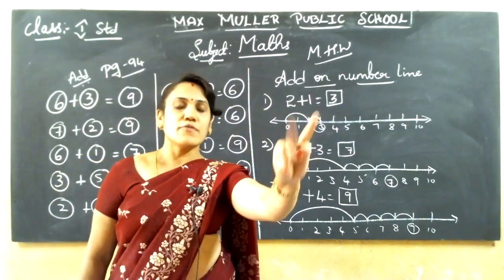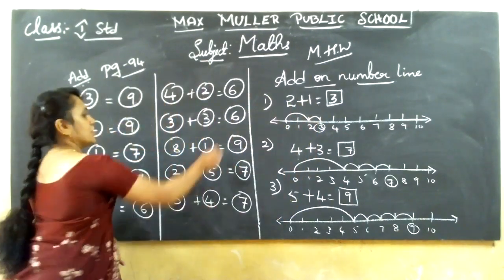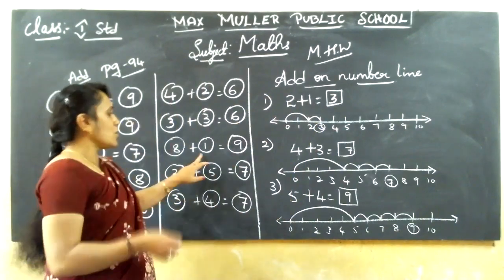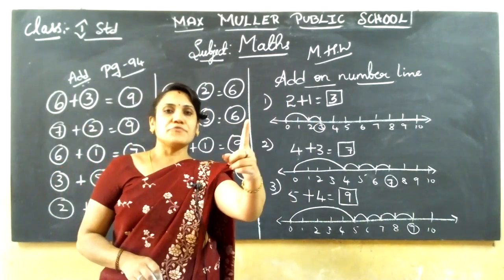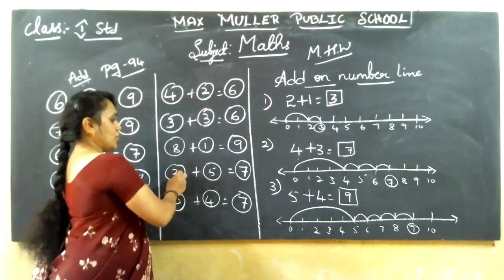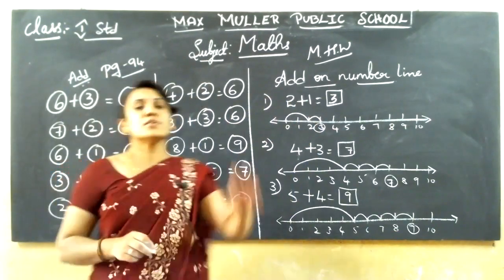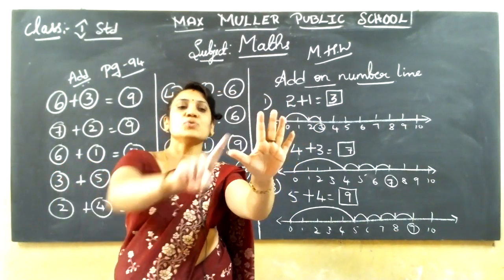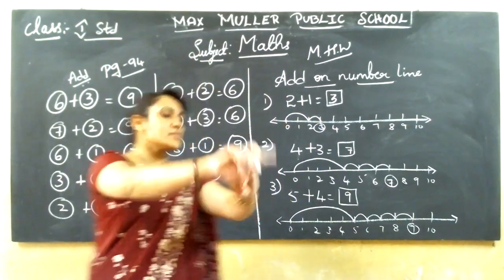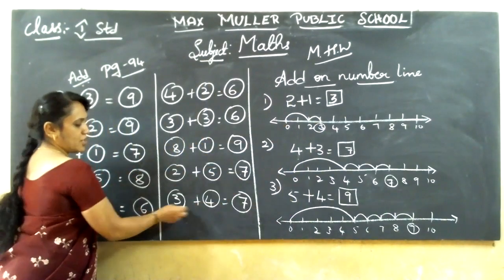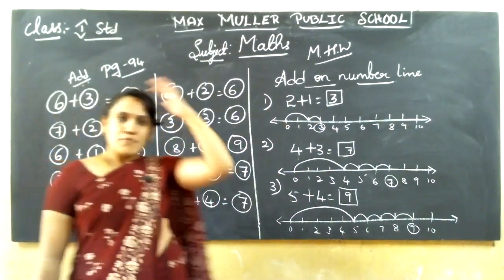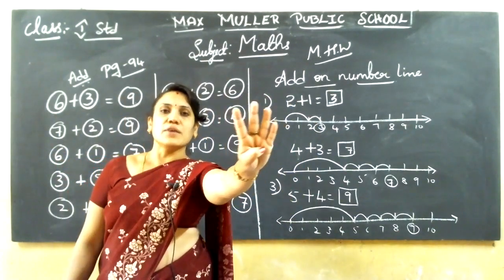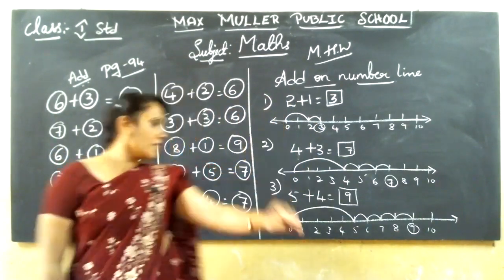After 3, 4, 5, 6. Then 8 in the mind, 1 in the finger. After 8, 9. 2 in the mind, 5 in the finger. After 2, 3, 4, 5, 6, 7. 3 in the mind, 4 in the finger. After 3, 4, 5, 6, 7.